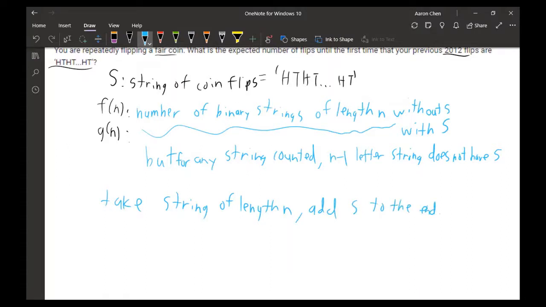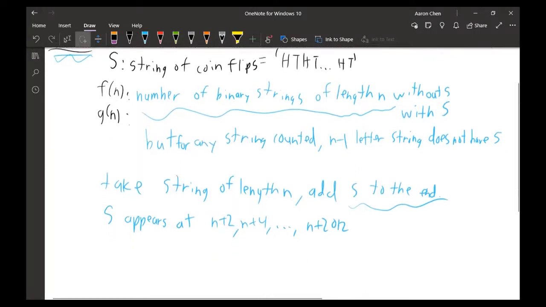And so now obviously s will eventually appear, and since s just repeats every two flips, or alternating flips, that just means that s appears for the first time at either n plus 2 digits, n plus 4 digits, possibly all the way up to n plus 2012 digits, because remember, there are 2012 flips total in s.